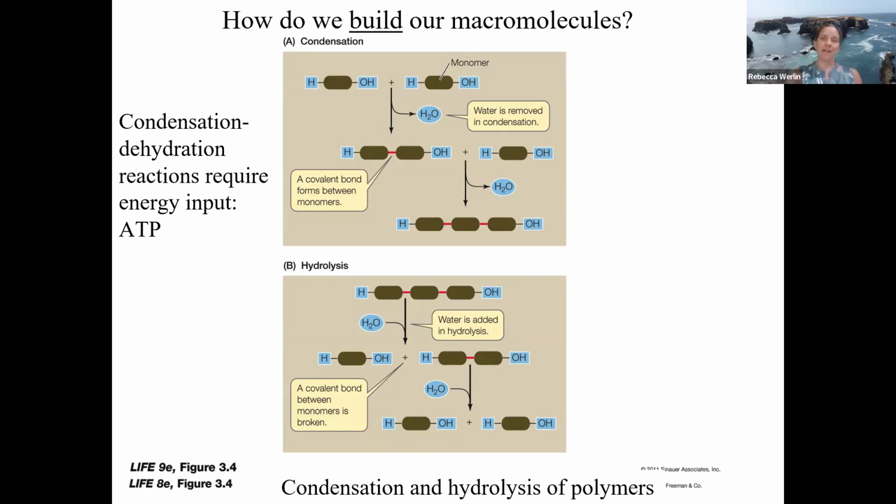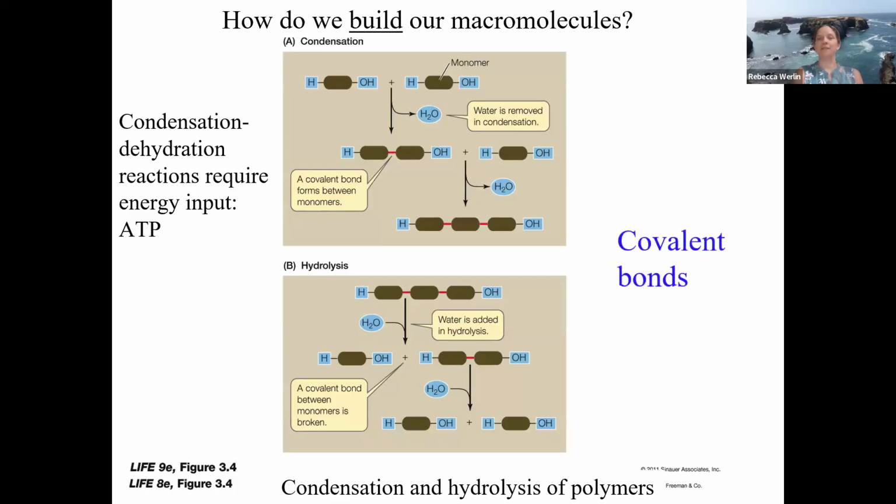All the time in our cells, condensation or dehydration reactions are going on, making water, and that water is then used by the cell to do hydrolysis, breaking covalent bonds apart. So condensation links monomers together, making covalent bonds, and hydrolysis breaks covalent bonds.